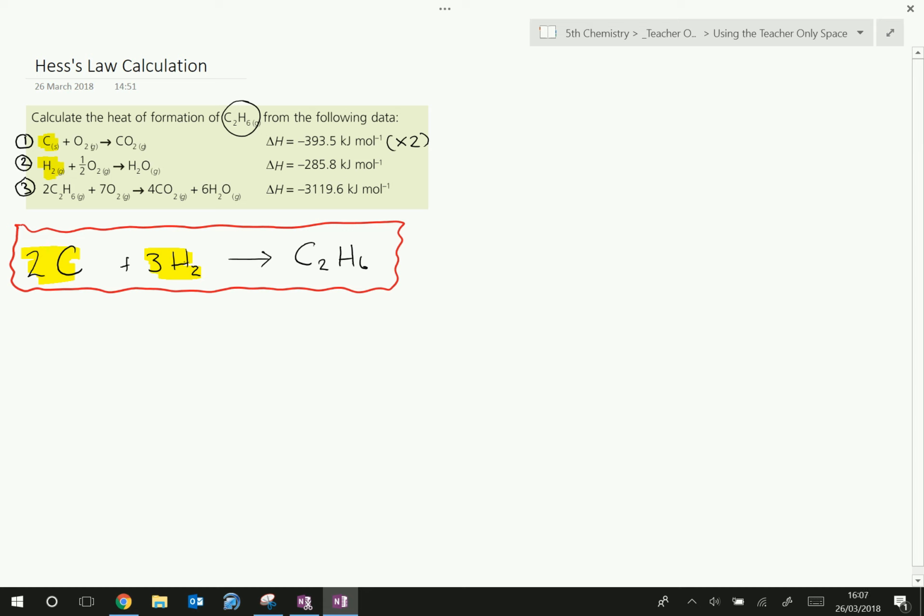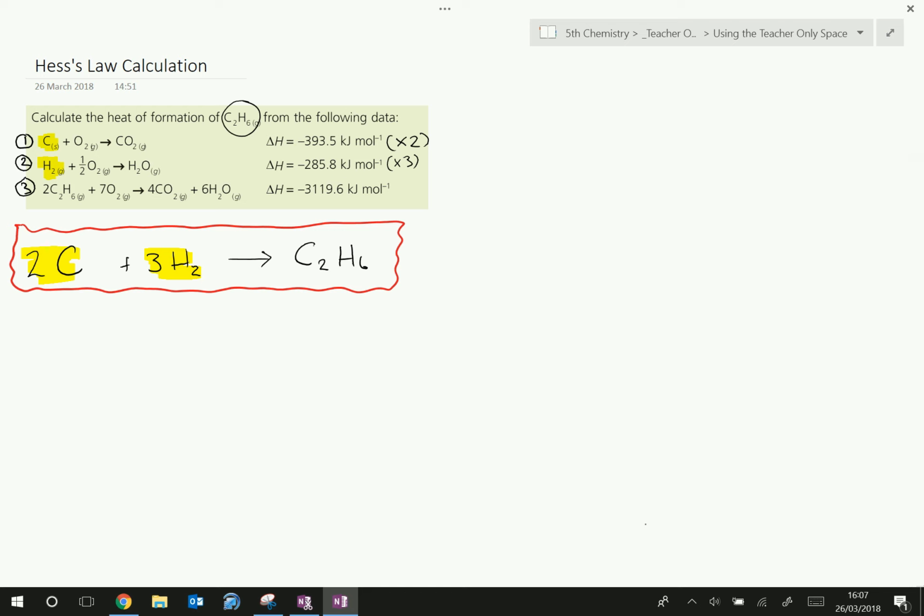The hydrogen in my main equation appears on the left, so that's fine. No change needed there yet. But if we look at the coefficient, we see in equation 2, the coefficient of H2 is 1. There is a 1 in front there. If I look at my main equation, there is a 3 in front. So to make them the same, I need to triple equation 2, along with tripling my delta H value.